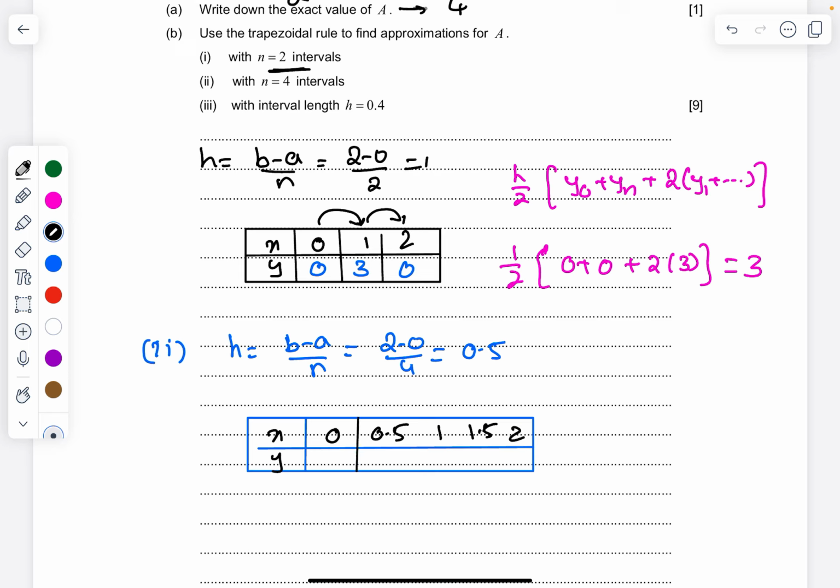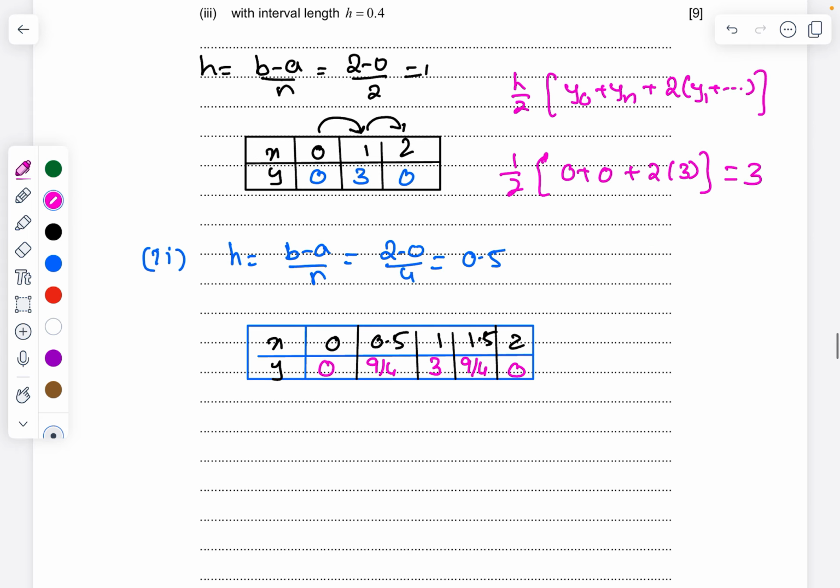Then I frame a table for that, finding the y values. When I plug in 0, I'm going to get 0. When I'm plugging in 2 also I'll get 0. When I'm plugging in 0.5, it's going to be 9 upon 4. When I plug in 1, it's going to be 3. And when I plug in 1.5, it is 9 upon 4.